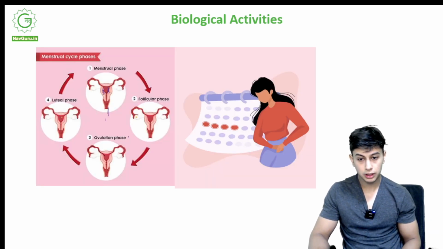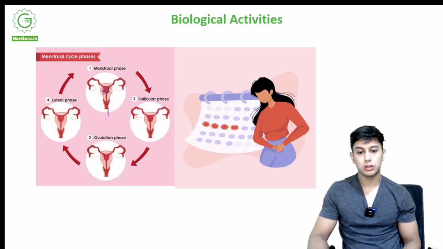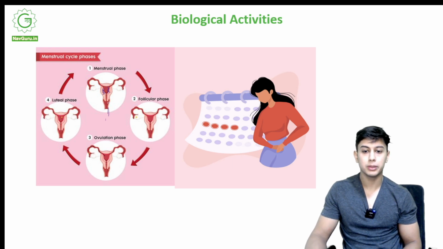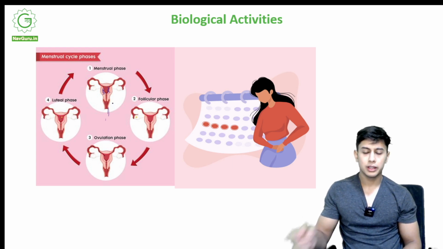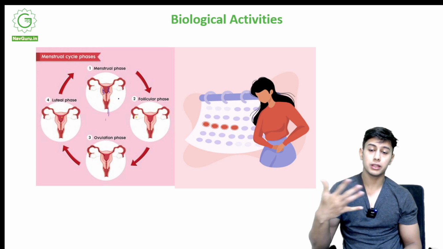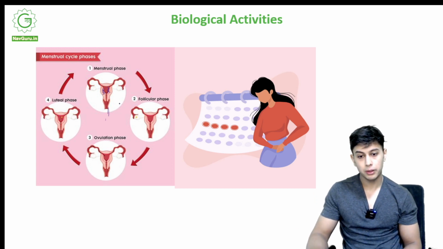This happens once a month, in a periodic cycle. There needs to be proper awareness about menstruation and the menstrual cycle. It happens during reproductive age, when characteristics start to develop during adolescence in females.